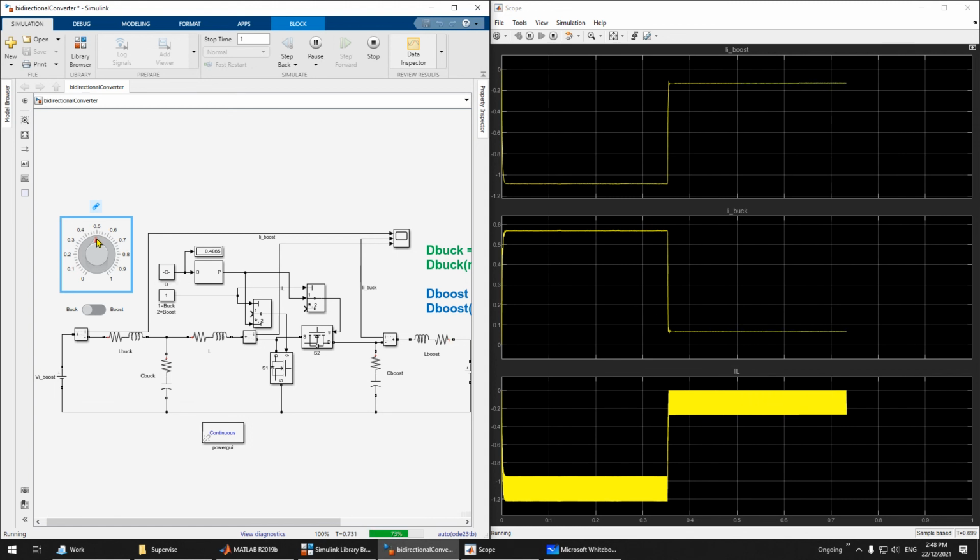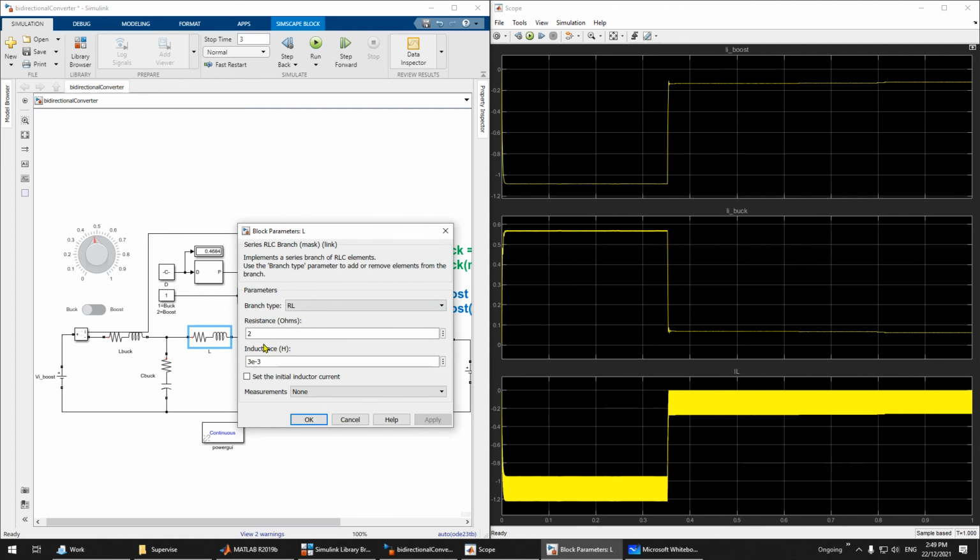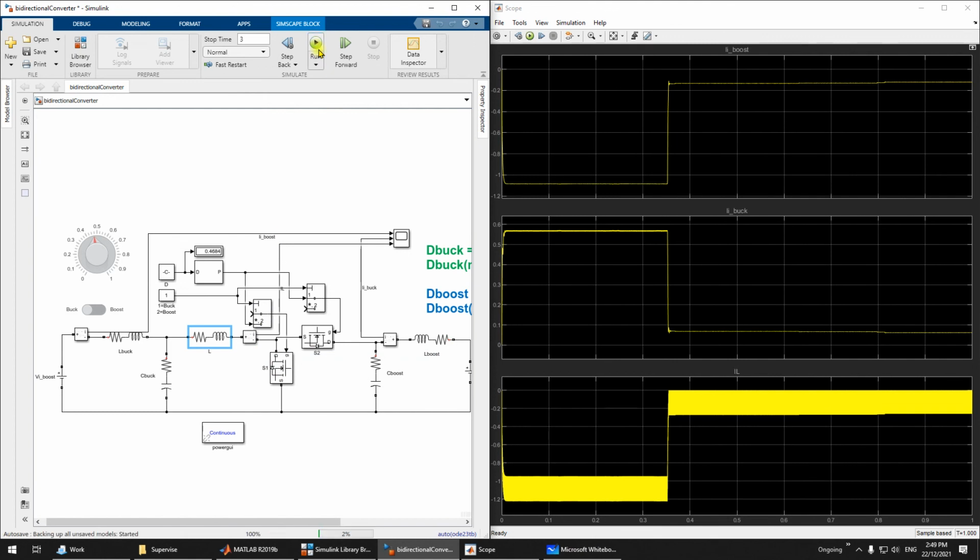Less than 0.5 will shut down. Let me run it again.